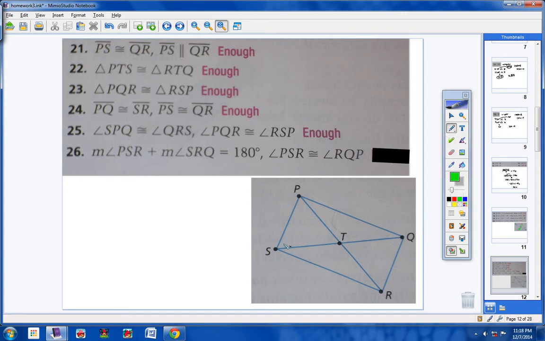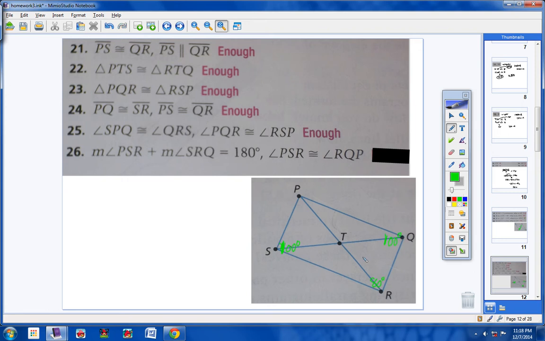I'm going to call this angle here 100, and I'm going to call this angle here 80. Now look, angle PSR, this angle here, is congruent to angle RQP, this angle here. So if they're congruent, and this is 100 degrees over here, then this angle over here has to be 100 degrees also. So this angle here is 100 degrees.